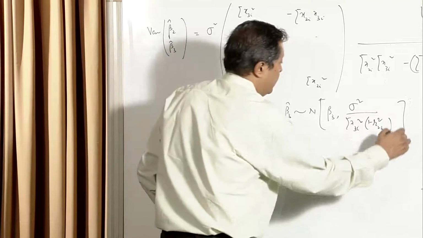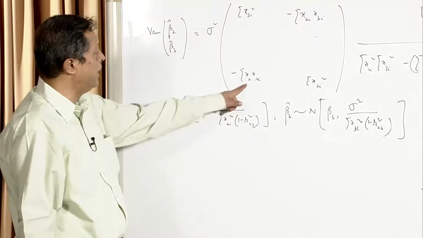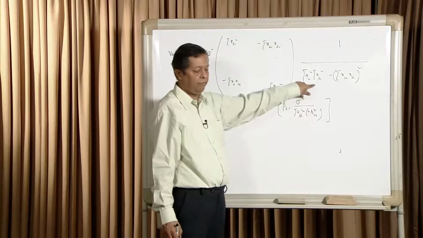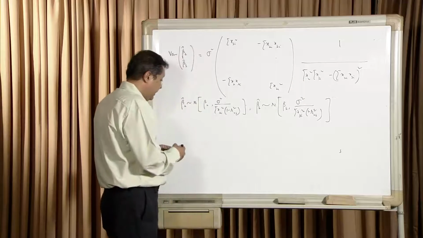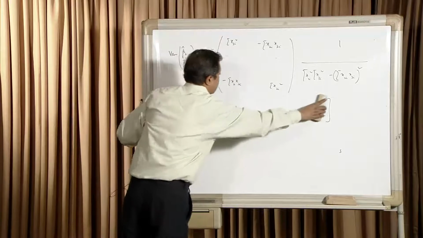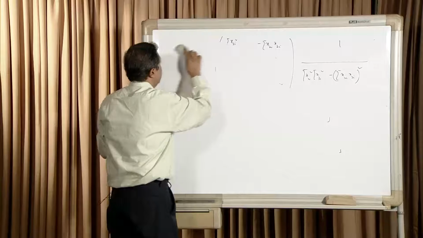And you also have terms for the covariance. Covariance will be minus summation x2i x3i into sigma square divided by this. Now, finally, if we take a look at the k variable model, then these results generalize very easily.